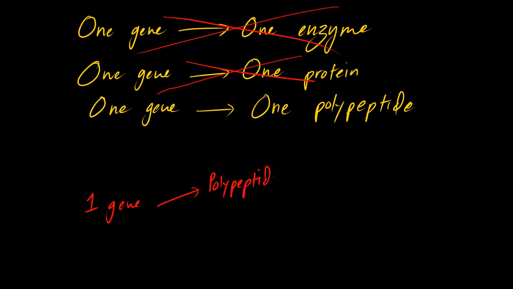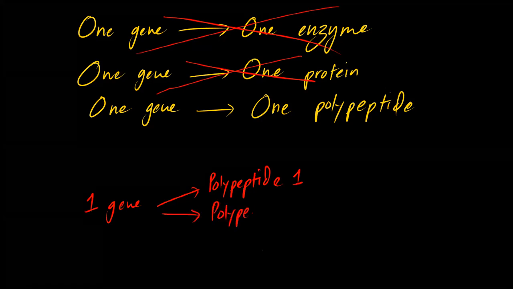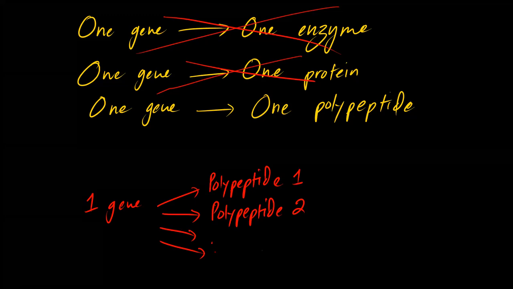So one gene might encode two or more polypeptides. So some genes, they might encode more than one polypeptide.